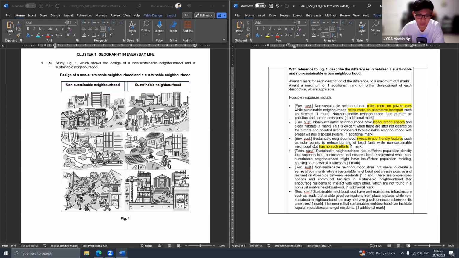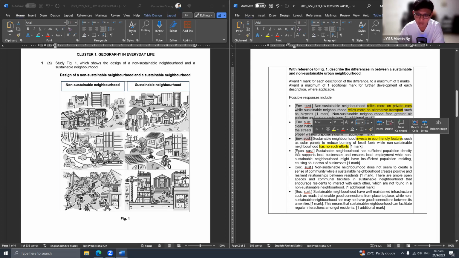So in addition to looking out for separate points from the image such as this, you should also try as far as possible to look out for separate concepts or separate ideas. So in this case, we have 4 ideas on environmental sustainability, but we also try to look out for economic sustainability as well as social sustainability, such as what you have learned in class as well.